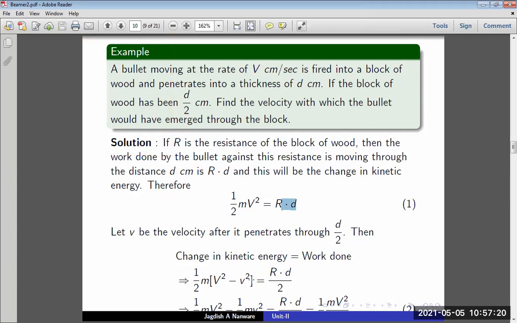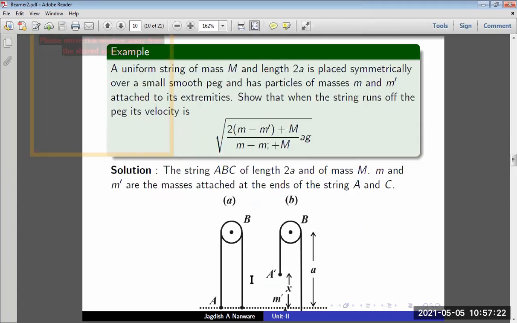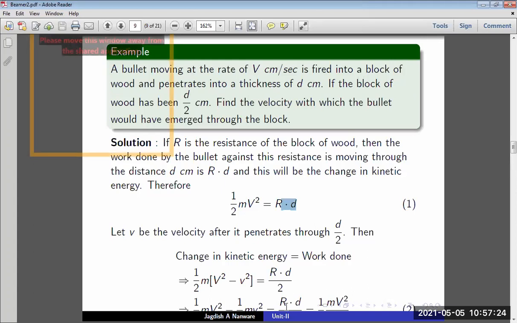So you will get this as the result: R d upon 2 equals half m v square. Here R is the resistance of the block, d is the distance, m is the mass of the bullet, and v is the velocity of the bullet which penetrates the wooden block, whose thickness is d, right?